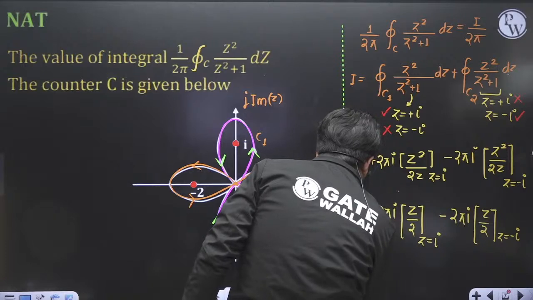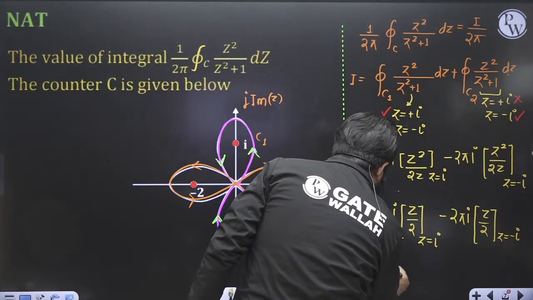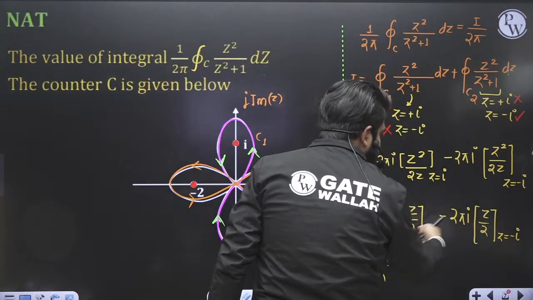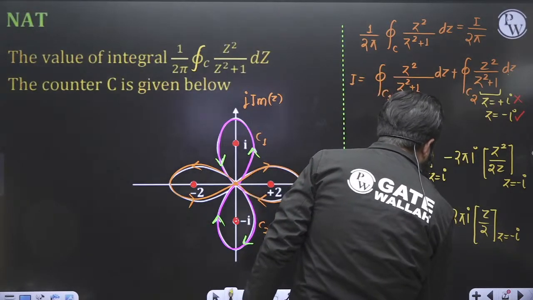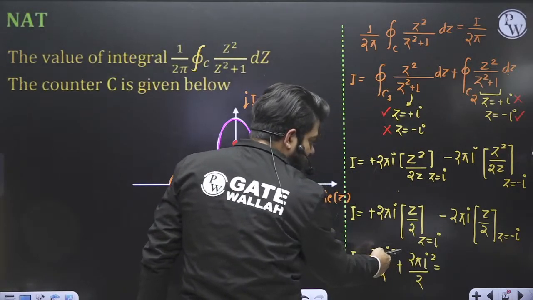Let us put z equal to I in this. This will become 2 pi I square by 2. This minus minus will become plus 2 pi I square by 2. Okay, what is the value of I square? Minus 1.